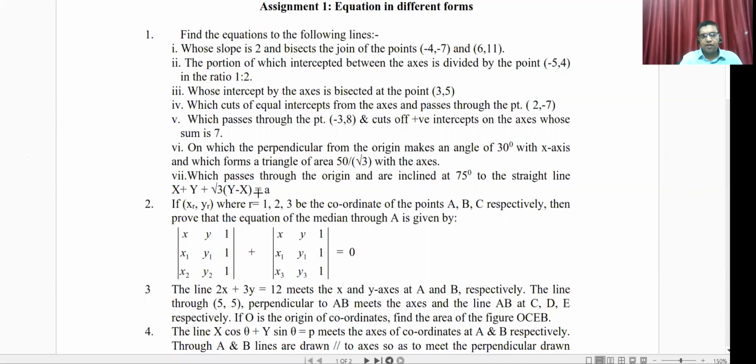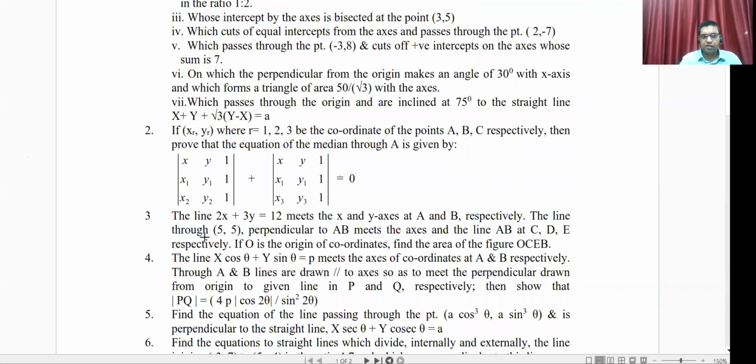So this is the slope of this line, which is inclined at 75 degrees. Actually, it will be minus 15, minus 15 minus 75 will be minus 90, plus 15 will be plus 75, will be 60 degrees. So two lines are possible and pass through the origin. This is an easy problem, just that your submultiple angles concept.